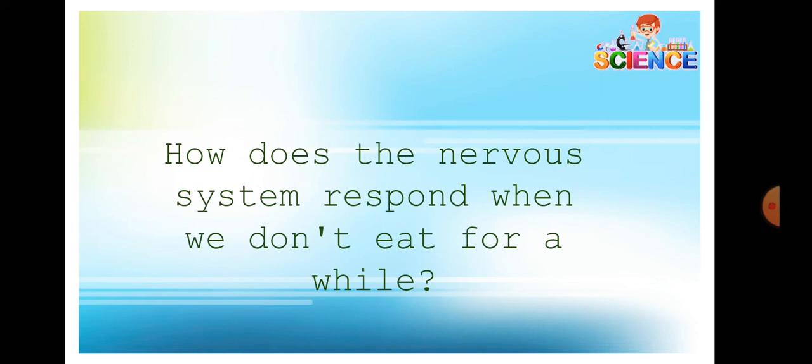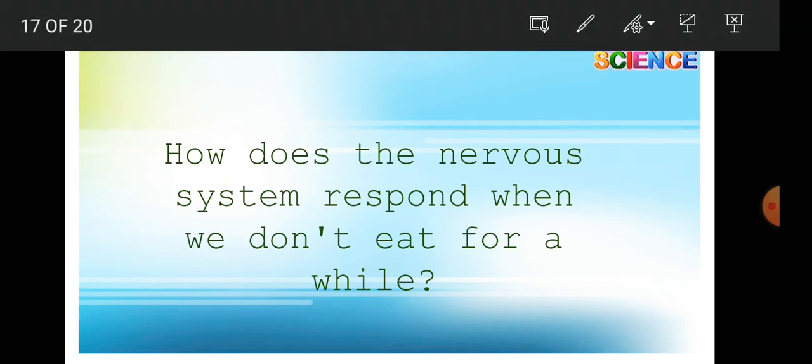So when you don't eat for a long time, it will send a signal to the brain which will produce a sensation of hunger. So here also your hunger is related to the nervous system. It's the nervous system which tells the brain that you are hungry and you need food to eat.